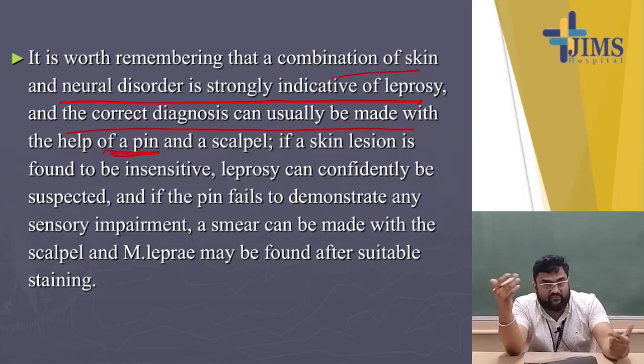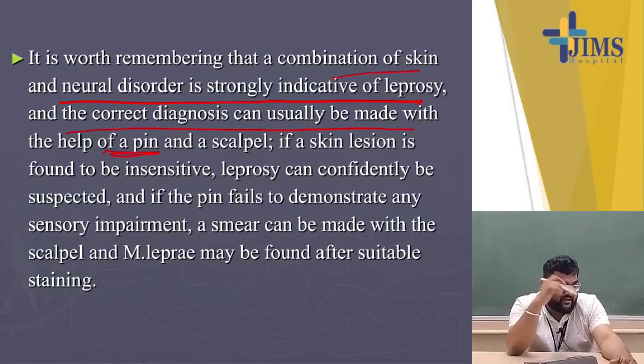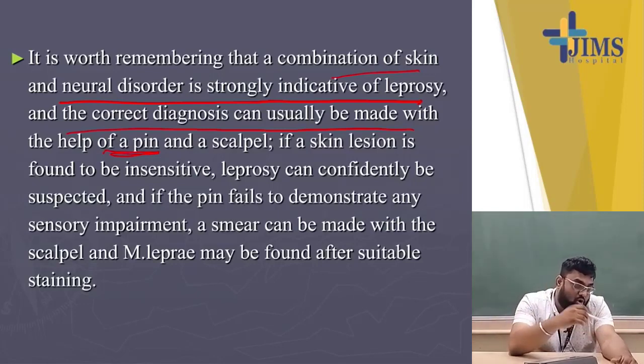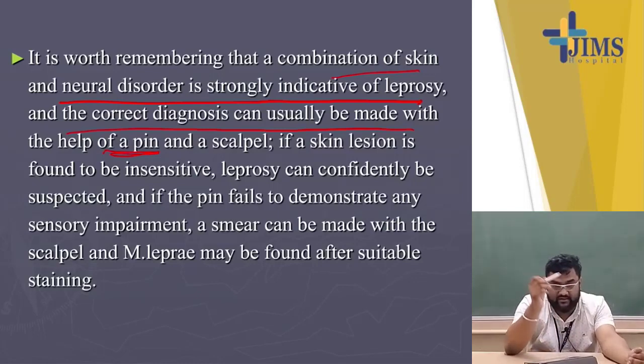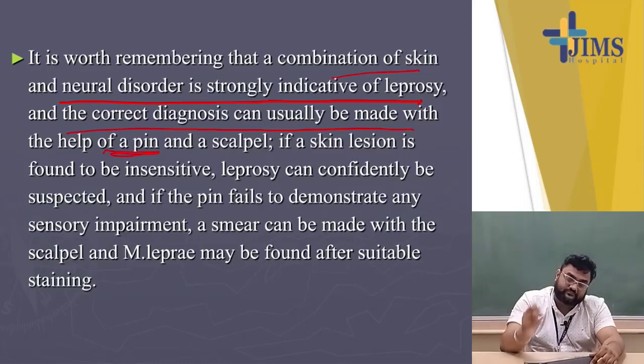The patient will reply in the affirmative. Sometimes, if the patient is intelligent and educated, we ask them to open their eyes and say, I am touching with the needle, just tell me whether the sensation is the same or different. That's how we check.